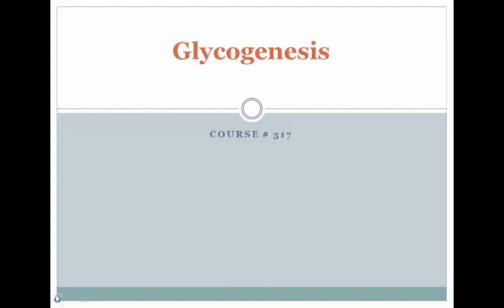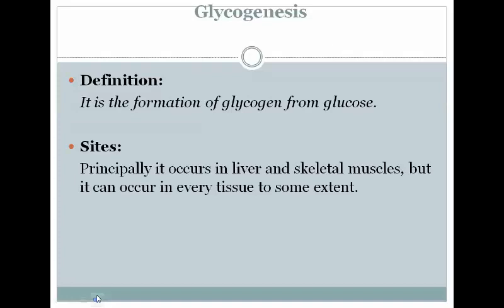But here, glycogenesis means formation of glycogen, because genesis means formation. So what is the definition of glycogenesis? It is the formation of glycogen from glucose, because glycogen is the stored form of glucose.